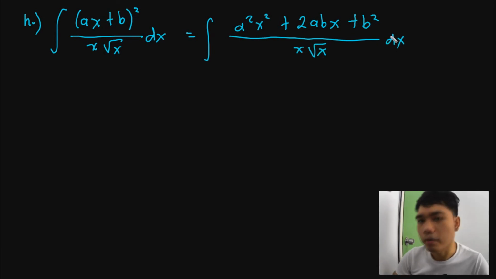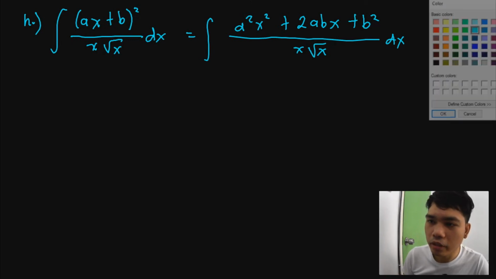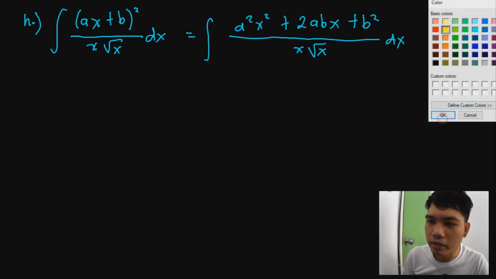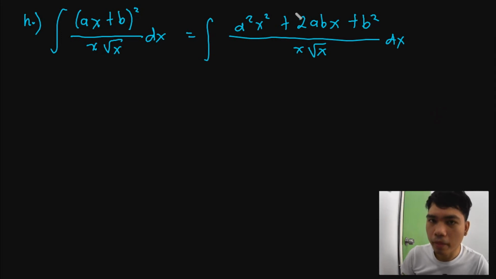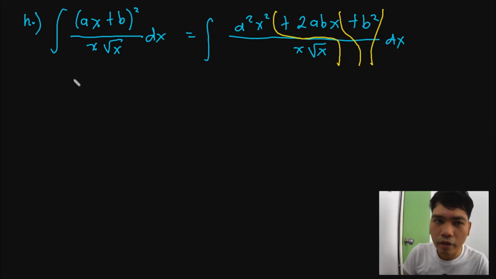Now remember, what makes this special is that kung titingnan mo yung terms natin individually by each numerator and denominator, you can actually rewrite this separately, each term. So pwede mo siyang i-rewrite, this is the first term, this one is the second term, and this one is the third term. So ano ba yung sinasabi ko? Diba we can rewrite this in terms of the integral of a squared x squared.